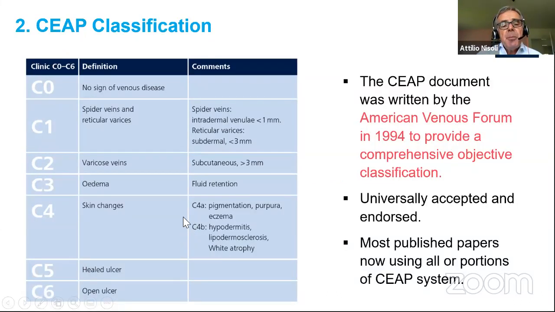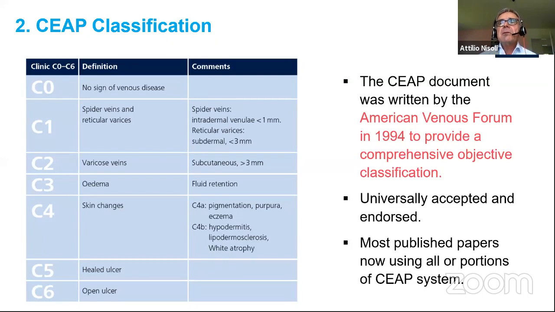The CEAP classification, as you know, is the document which was written by the American Venous Forum in 1994 to provide a comprehensive, objective classification. In the meantime, we can say it's universally accepted and endorsed because it's a common language.